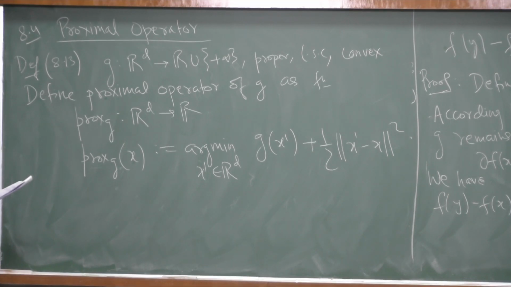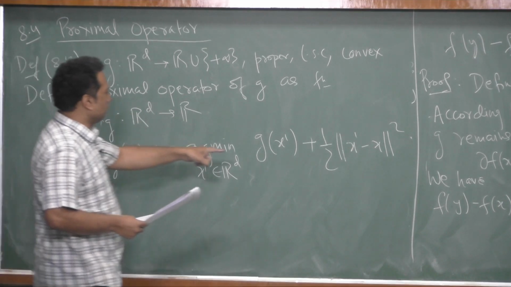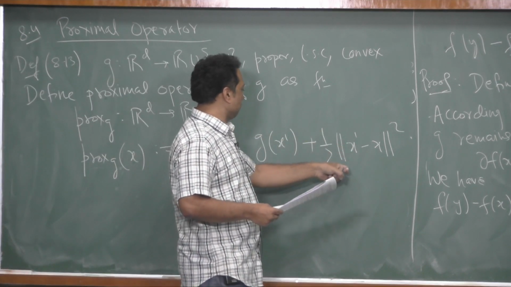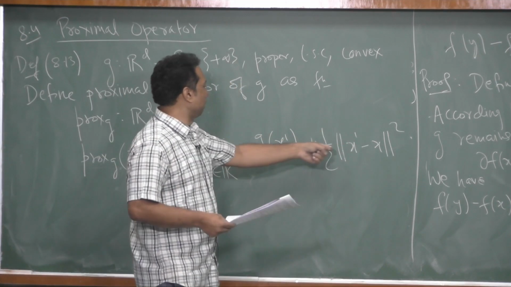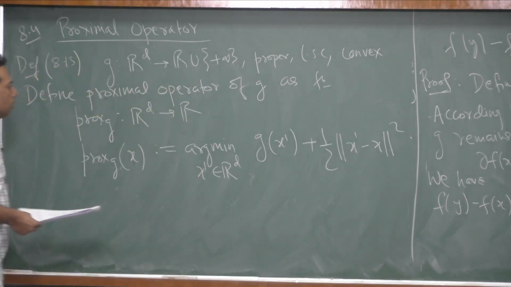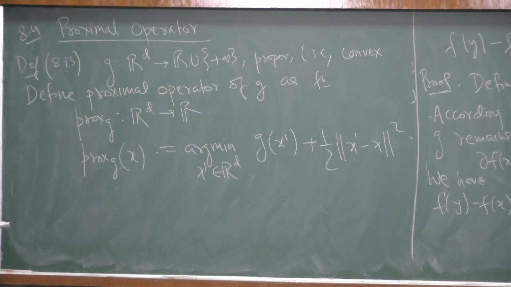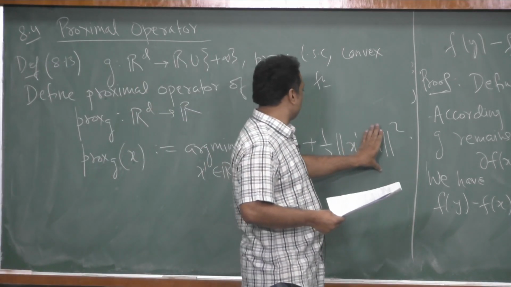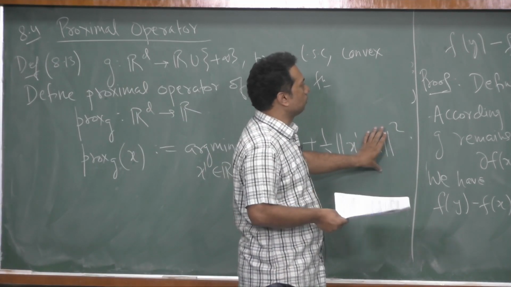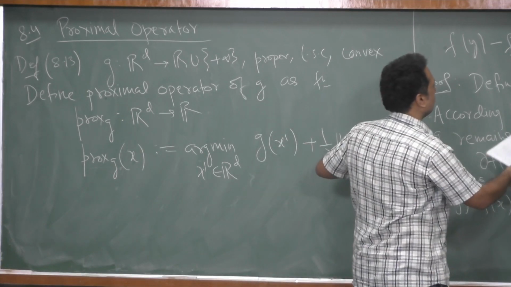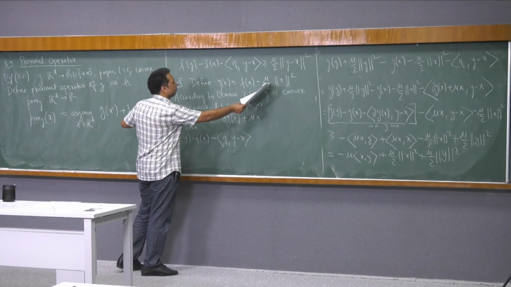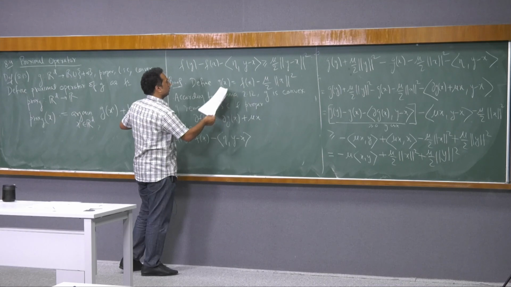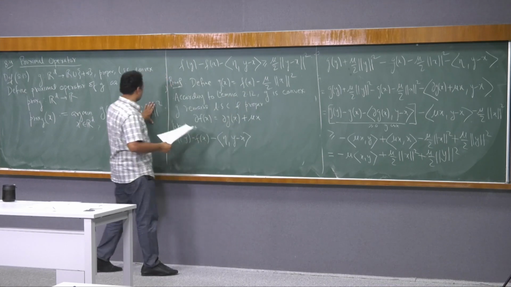A proximal operator is well defined because if g is convex, then this will keep it convex; in fact it will make it even strongly convex. If you just forget the shift part, it is similar to this: if it is a convex function and I add mu norm x squared, then it makes the convex function mu strongly convex.